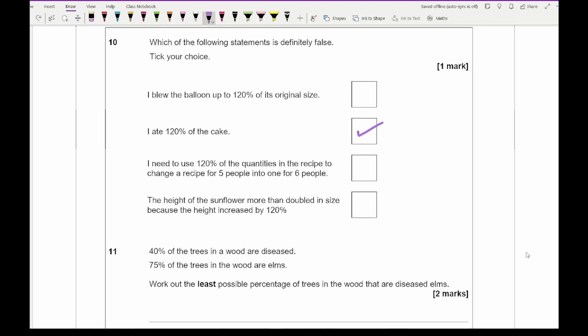And again, that's going to be true because you're cooking for more people, so you need more of the original ingredients. And then the last one says the height of a sunflower more than doubled in size because the height increased by 120%. Well, as discussed in the previous question, when you're doubling something, you're increasing by 100%. So 120% is more than double. So that's why that is correct.